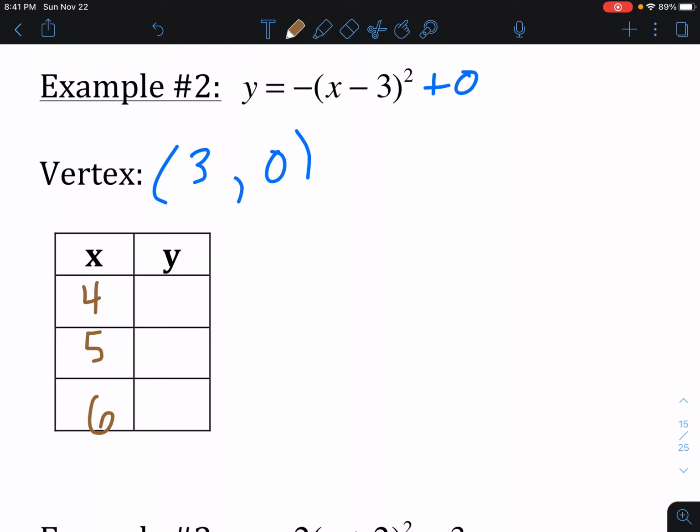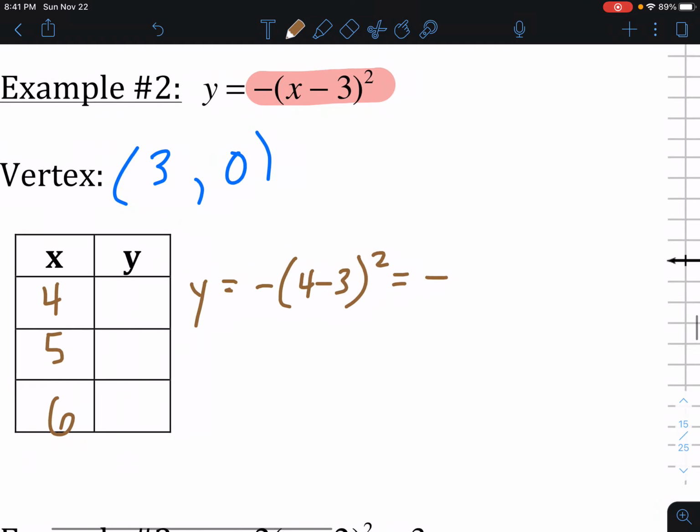All right, now I'm going to use the formula again. Don't worry about the plus 0. Just use this here. And it's going to get you your y, so do that 3 times. Carry over the negative. You must do the parentheses. 4 minus 3 is 1.